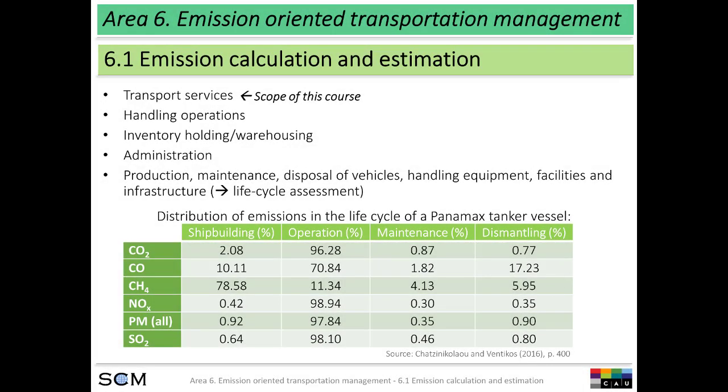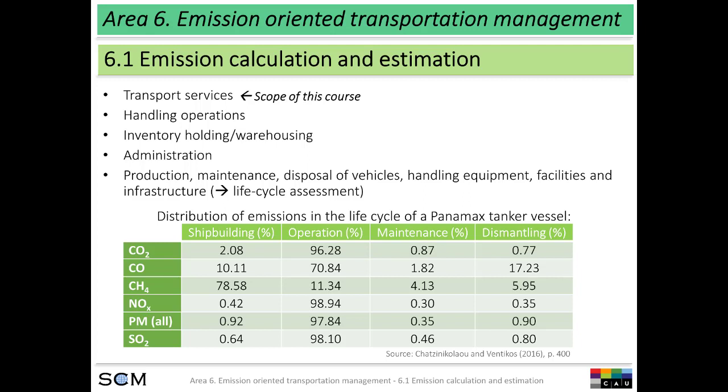On the first slide, you see a list of elements of a logistics system that cause emissions. First of all, we have the transport services themselves. If a vehicle goes from location A to a location B and uses fossil fuels, these fossil fuels are burned and the corresponding transport service is responsible for the emissions caused from burning these fossil fuels.